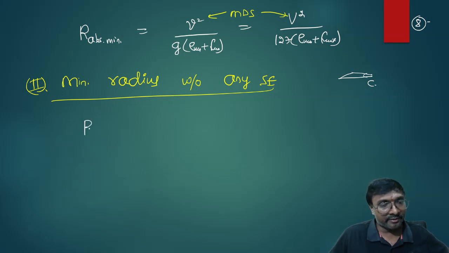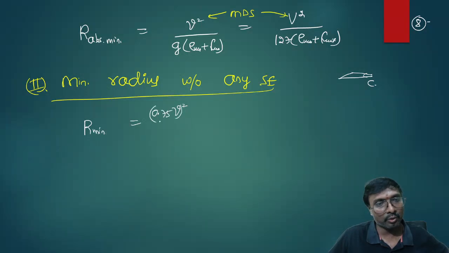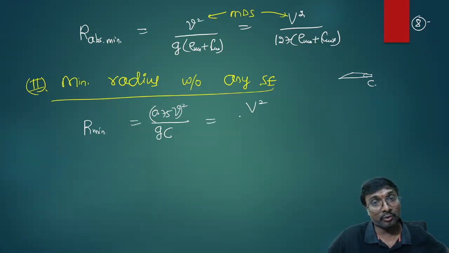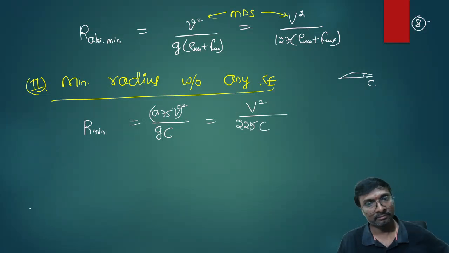So tell me, this is your R minimum, which will be equal to small v square, that is 0.75 small v whole square divided by g into camber, or capital V square divided by 225 into c.